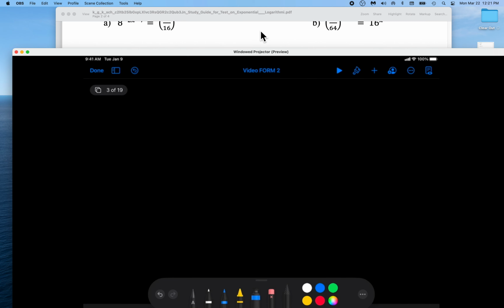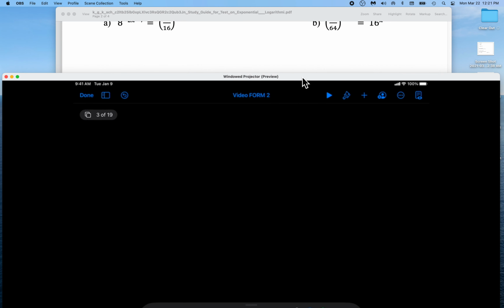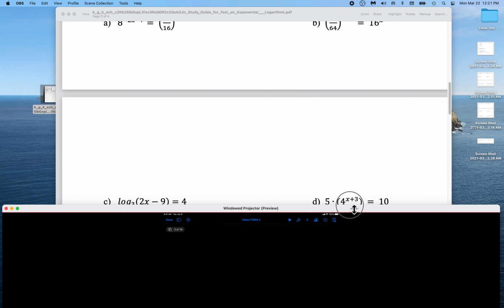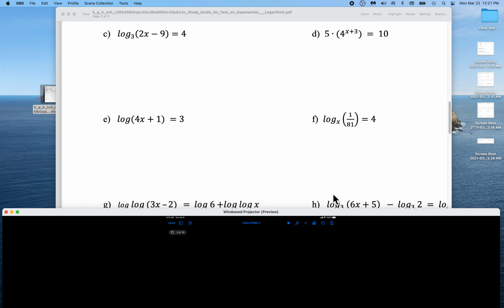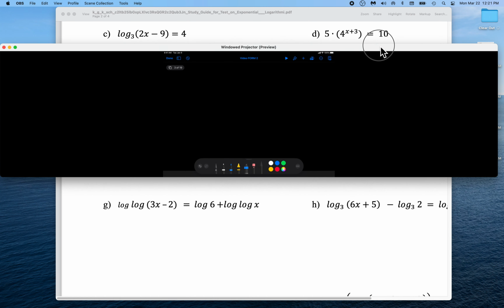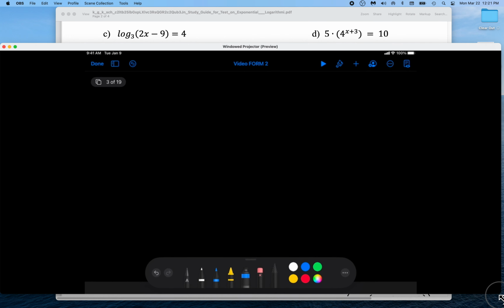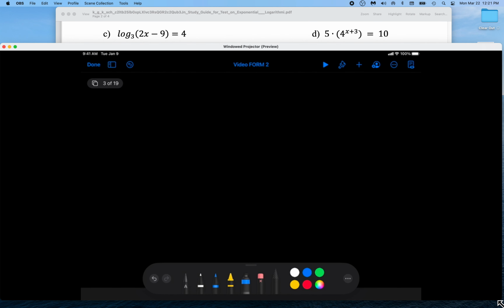Next one. Okay, here we're still asked to solve for x. So let's look at this one. First thing that comes to mind when I see this is that I'm going to end up doing whirlybird.